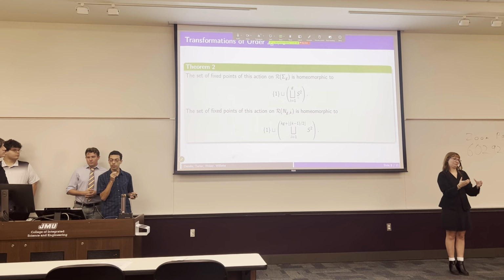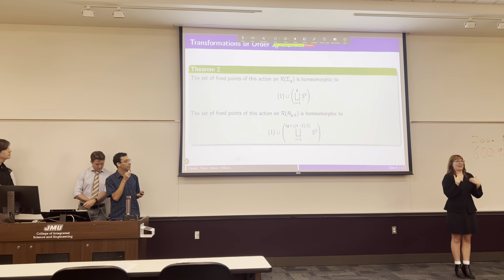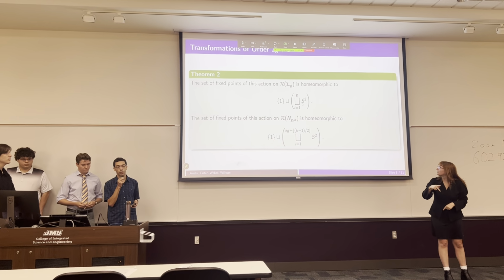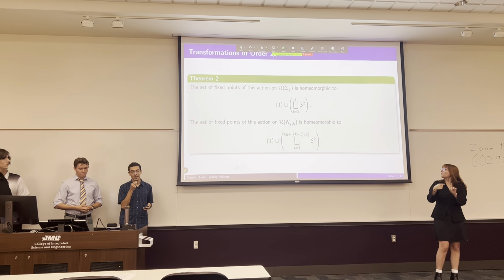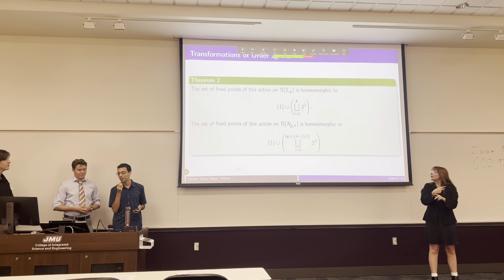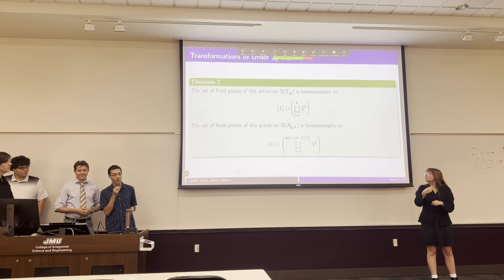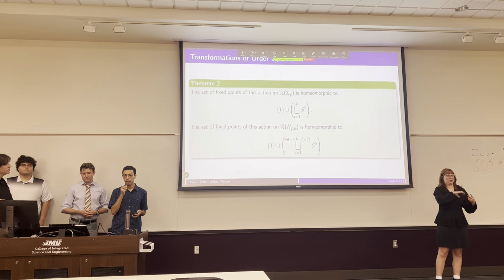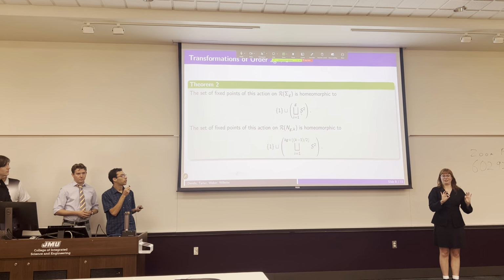And the result is that the set of fixed points of the action on the representation variety of NGK is homeomorphic to the disjoint union of a point with K times G plus the floor of K minus 1 over 2 spheres.